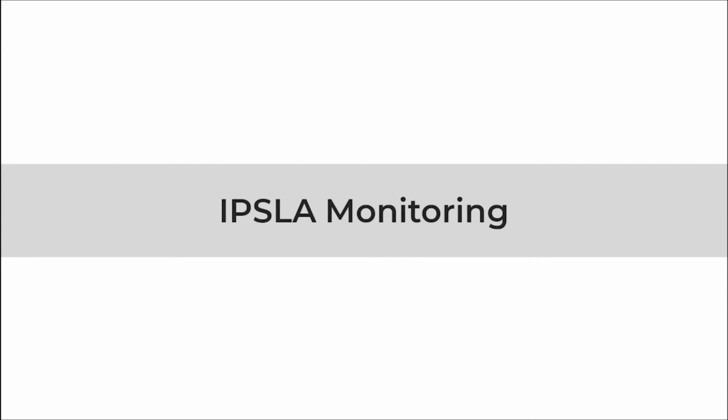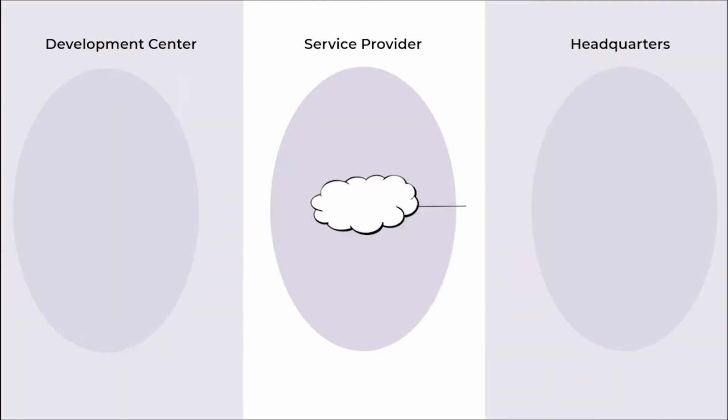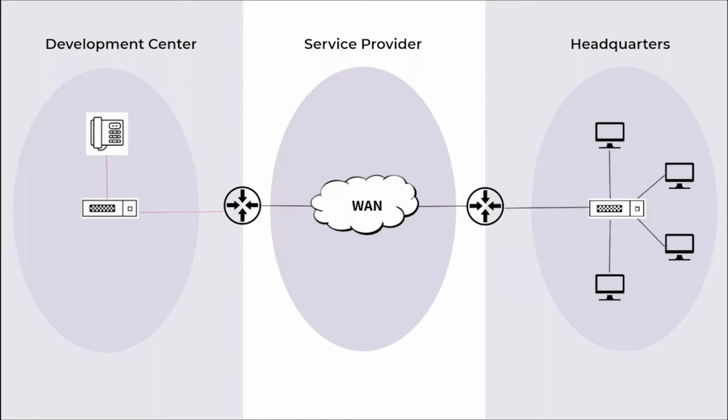I'll show it to you in real time, but before that, I have a scenario to show how this will be used. As you're aware, you have communication between the development center and the headquarters, where your service provider is included. You have IP phones that connect to your switch, which in turn connects to your router, and that connects to your service provider using WAN, and to the headquarters on the other end.